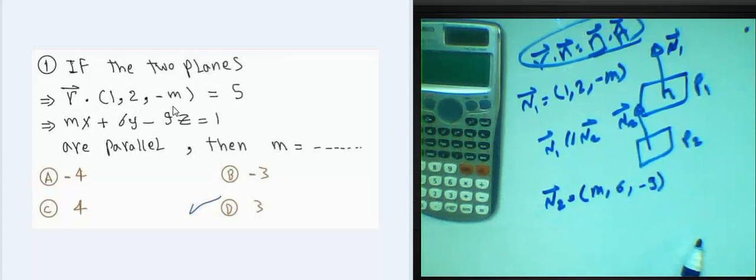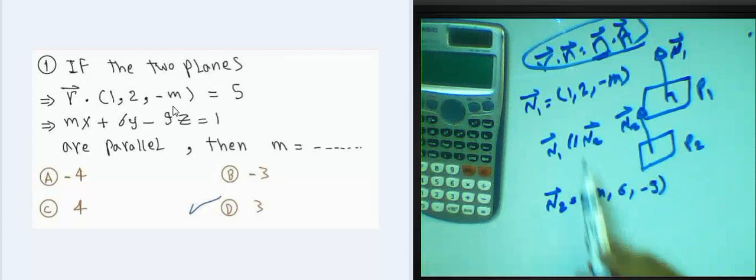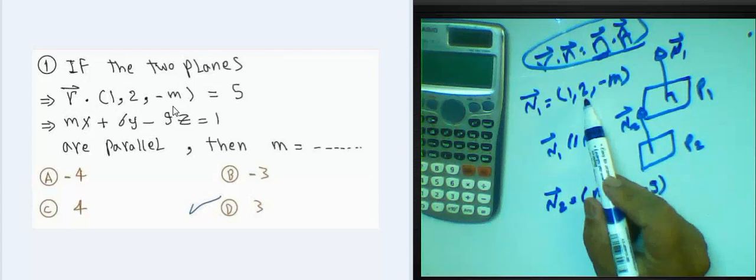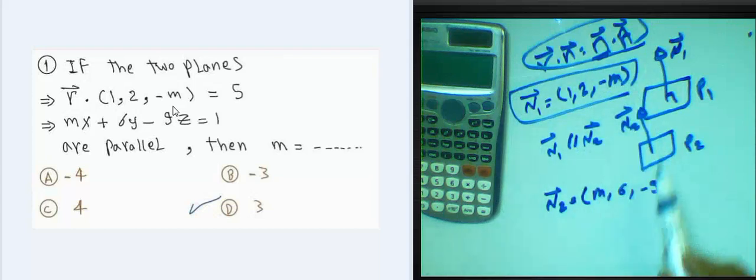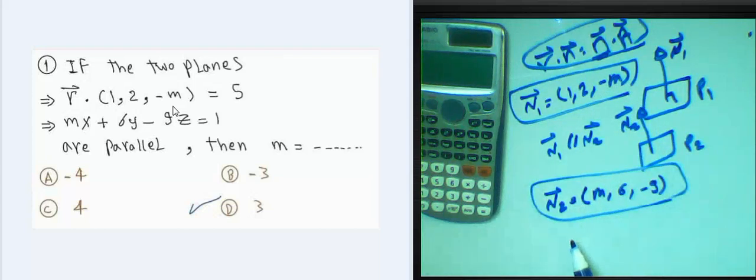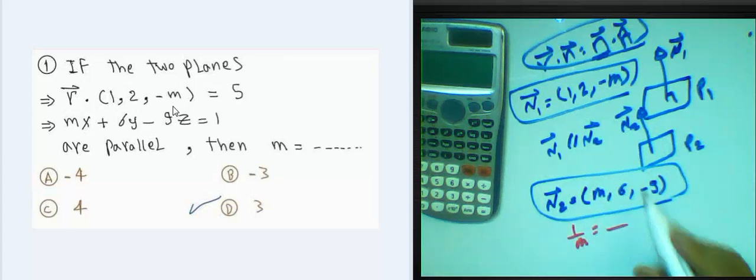Then we can write m over 1 equal 6 over 2 equal negative 9 over negative m, because we have two parallel vectors, n1 parallel to n2. Then the ratio between 1 and m will be equal to 2 over 6 equal negative m over negative 9.